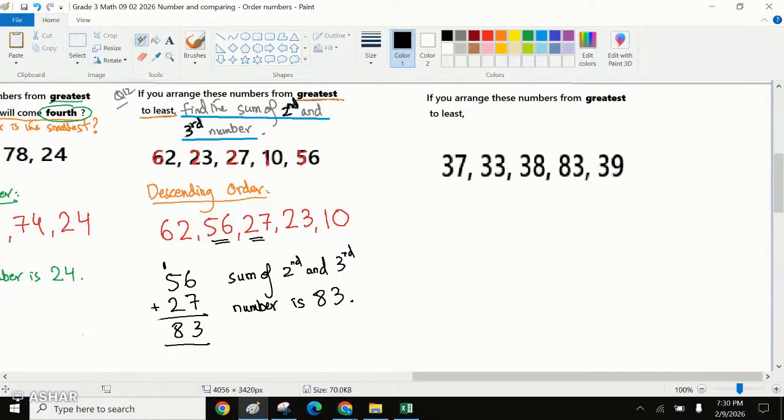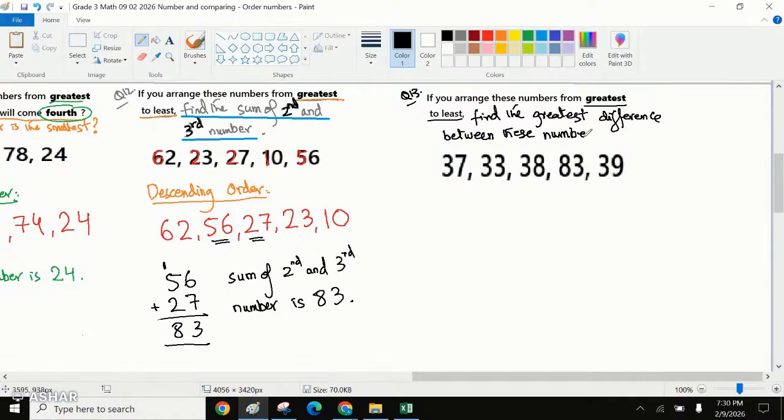Okay, so if this is our question number 13, it says if you arrange these numbers from greatest to the least, that means descending, find the greatest difference between these numbers.